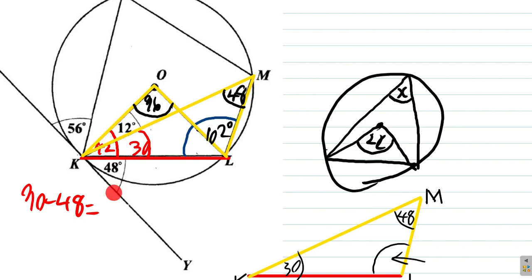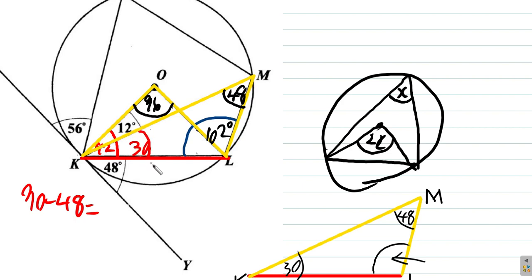We take off 48 and take off 12. So 90 minus 48 minus 12, and we get a 30 degree angle right here.